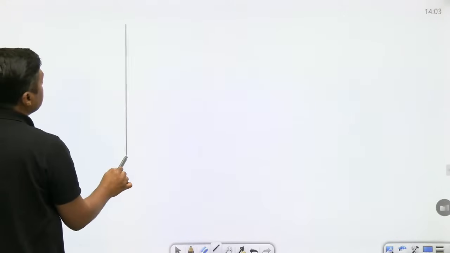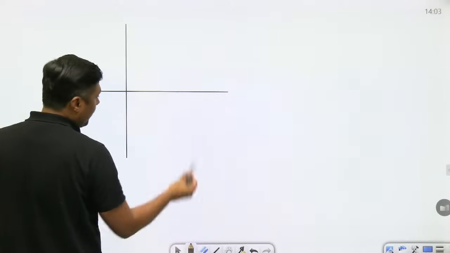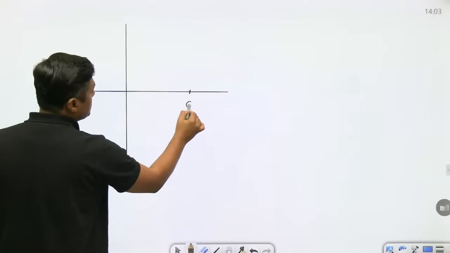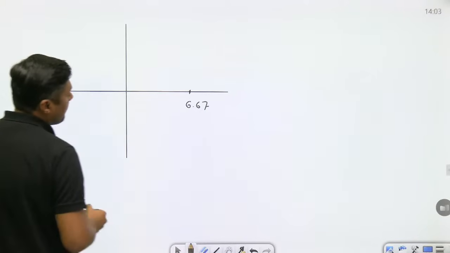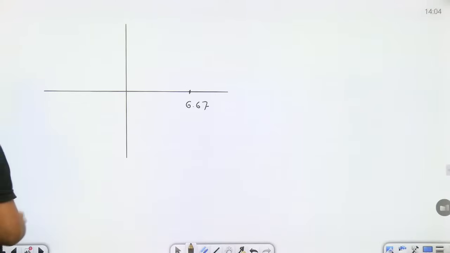You will get this type of curve, hysteresis. When the input is given to the negative terminal, you have to give the two values, 6.67 and 1.67.